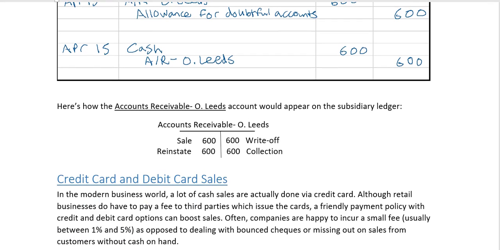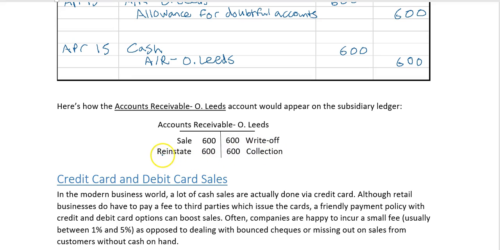So let's have a look at how the AR account for Olivia might look like. Way back when we had a sale to Olivia that caused a debit to AR. It went up by 600. Then we wrote this AR amount off because we thought that Olivia wouldn't be paying.